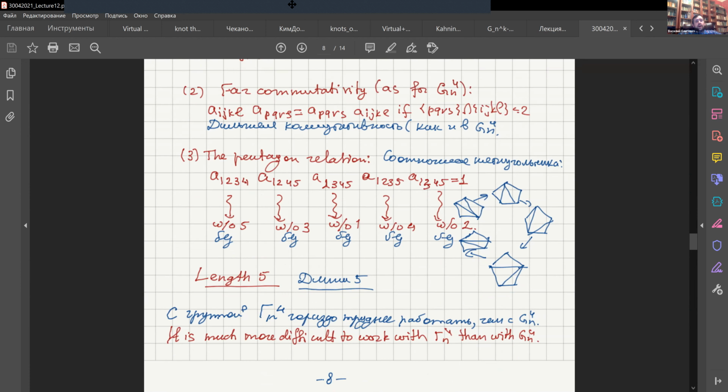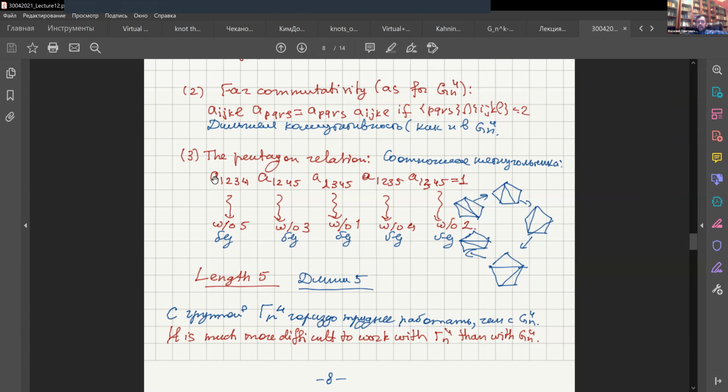Okay, so if you remember what happens for GN4, then the relation will have length 10. Actually, in the relation for GN4, we will have 5 distinct generators taking part, but each of those generators takes part twice. So let's see what happens.